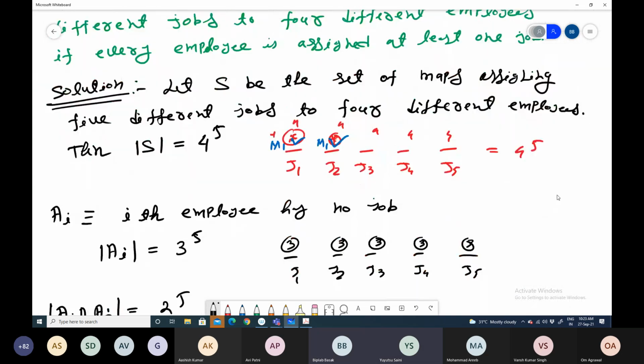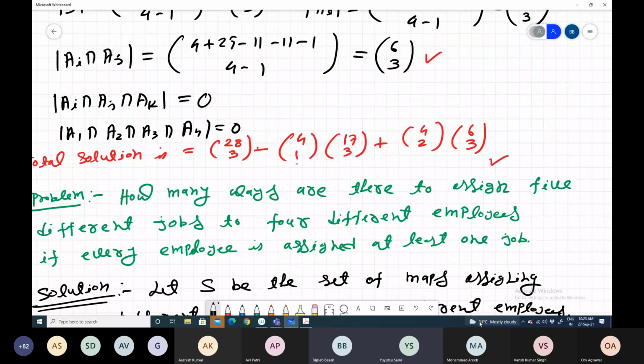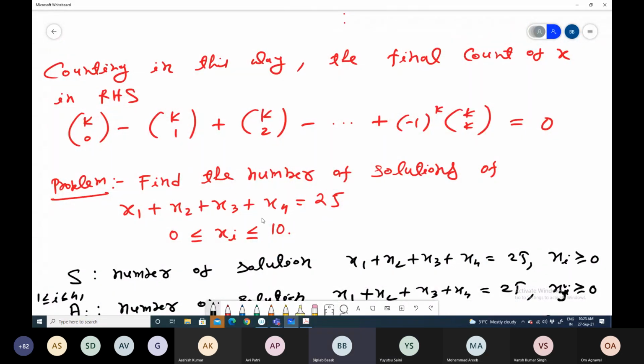Sir, is it necessary to use inclusion exclusion? Yeah, we can ask, because for example, this problem, you cannot prove directly, because directly you cannot tackle the upper bound. You can tackle only the lower bound. And if you are using this concept, then you are using the inclusion exclusion formula only, right? Another option is you can use a generating function to tackle this problem.